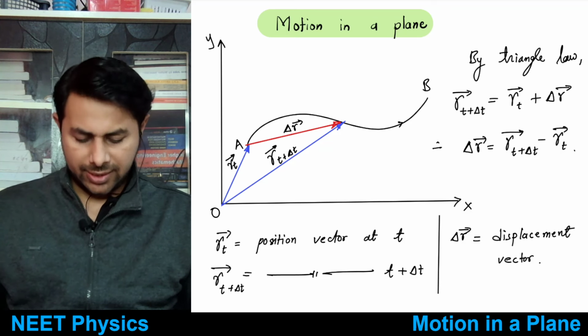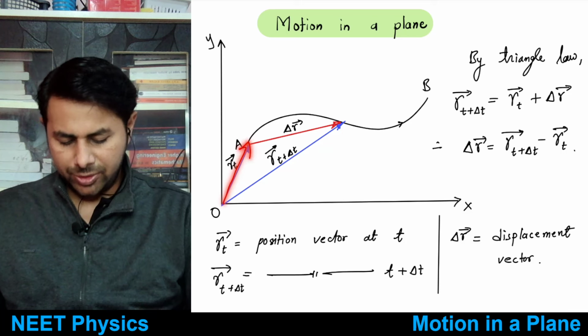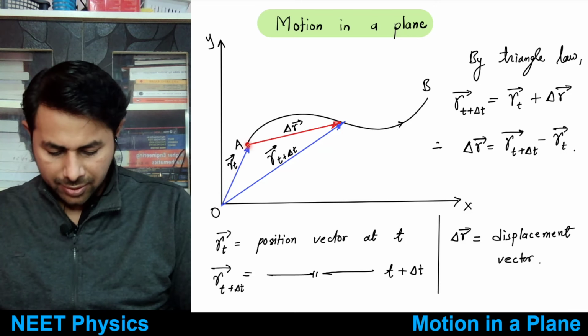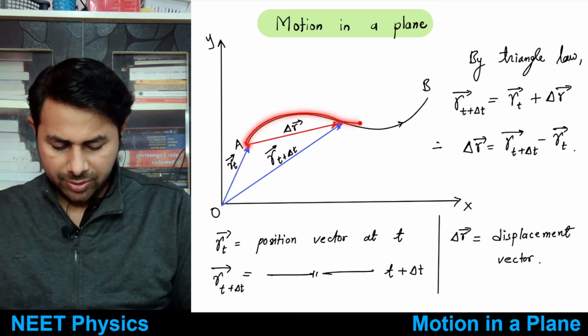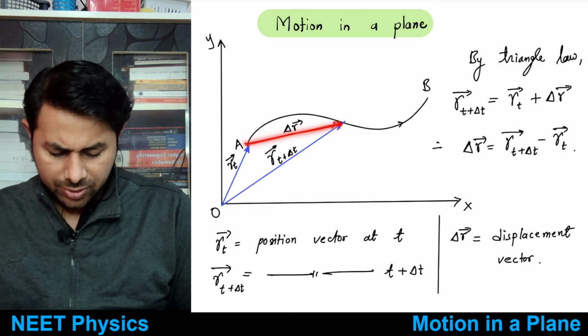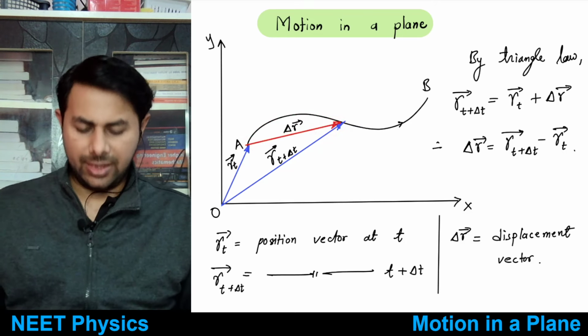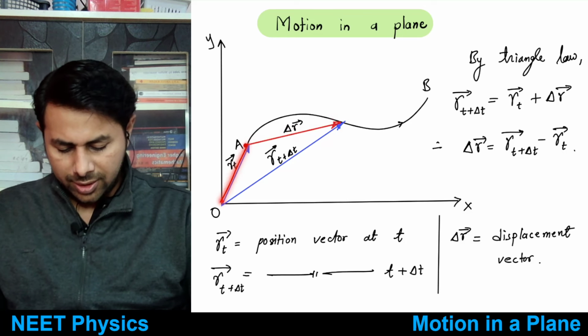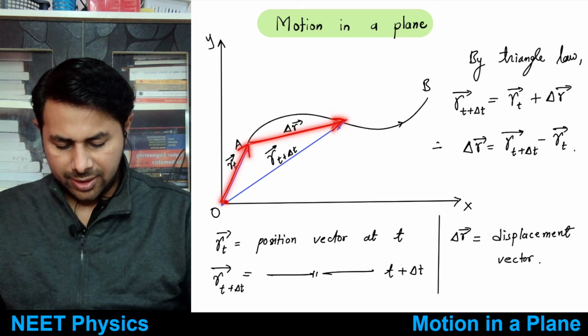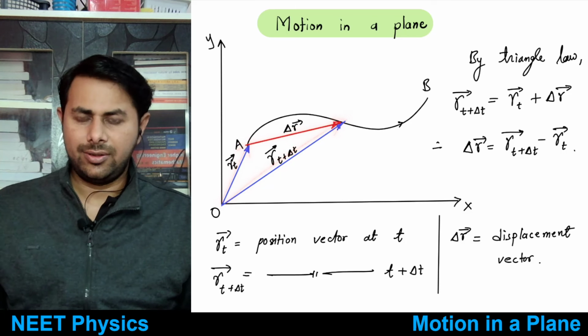Suppose this is the starting position vector, and the object moves from here to here like this. So this would be its displacement in time delta t. So this vector plus this vector is equal to this vector, using the triangle law.